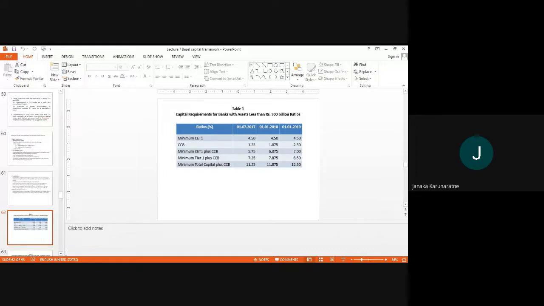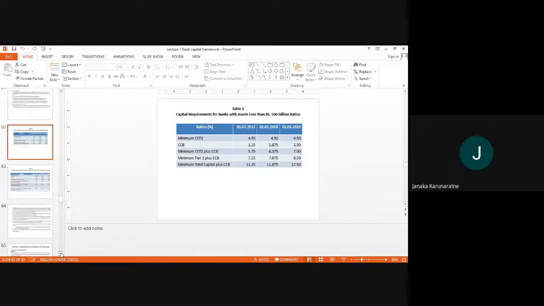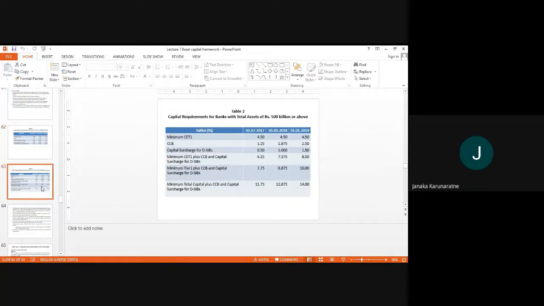I think recently there was a little change. I want to check the recent change, and I will inform you once I get that direction. But this is generally the applicable ratios right now for banks less than 500. For banks above 500, there is an additional buffer called the DSIB buffer. With that, the applicable ratios are CET1 4.5, CCB 2.5, and also a surcharge of 1.5.